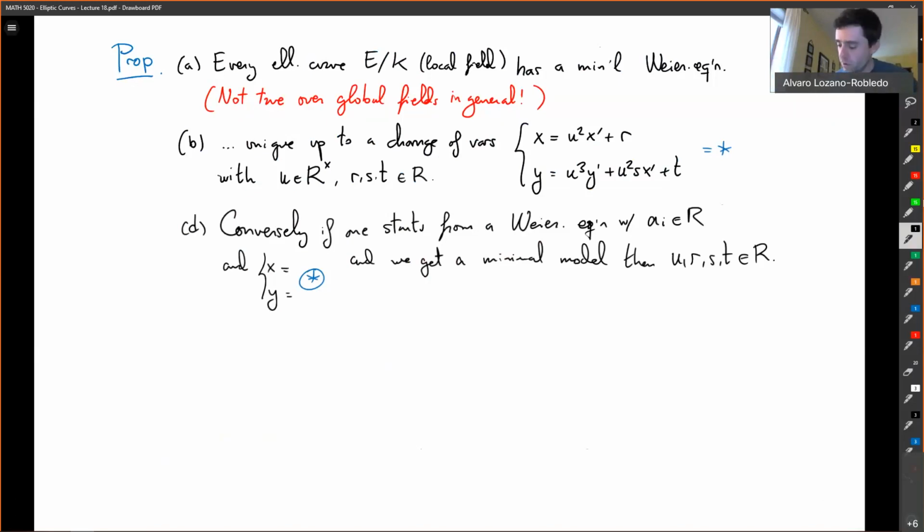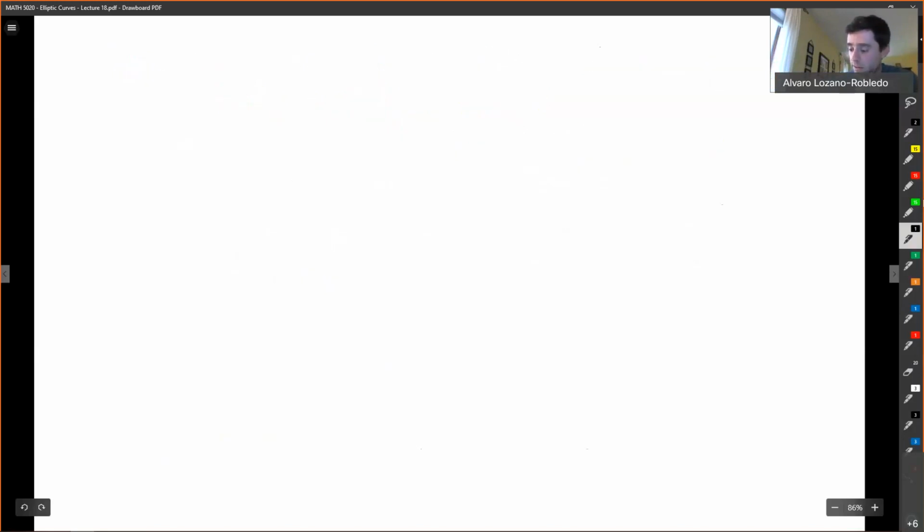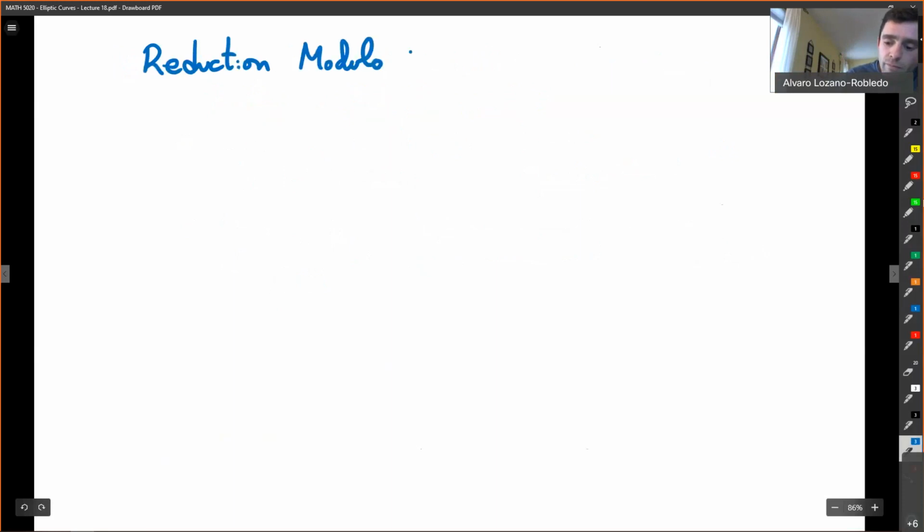Okay. All right. So now what we want to do is talk about the next topic, which is the nice thing about local fields is that there is a natural reduction map to the residue field. So we're going to talk about exactly that, the reduction map. Reduction modulo pi, so modulo the maximal ideal.